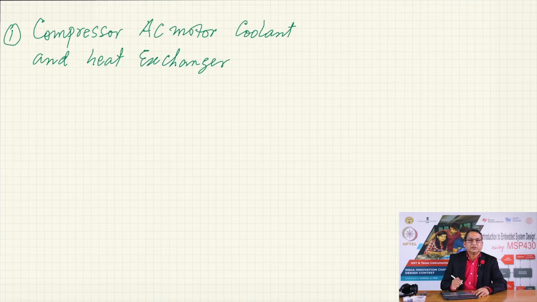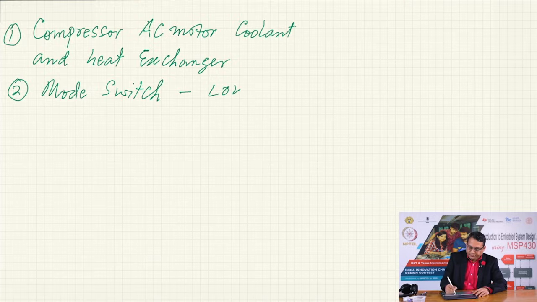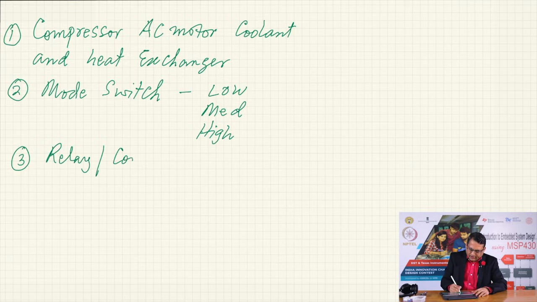This was one of the things that you needed. Then you had a mode selector switch, which probably offered three modes of operation: low, medium and high cooling. Third, you had a mechanism to turn the compressor on and off with the help of a relay. Oftentimes it was also called a contactor.